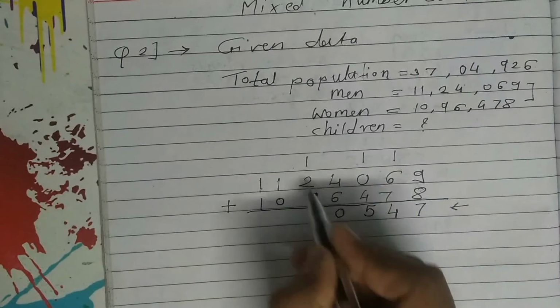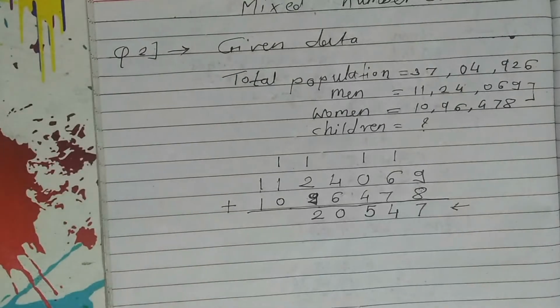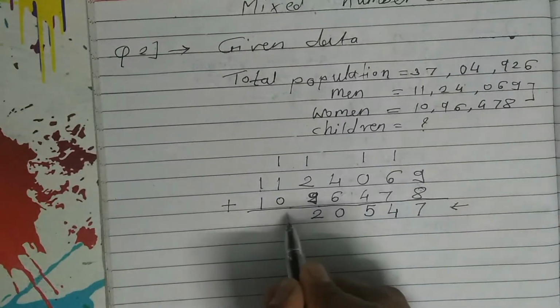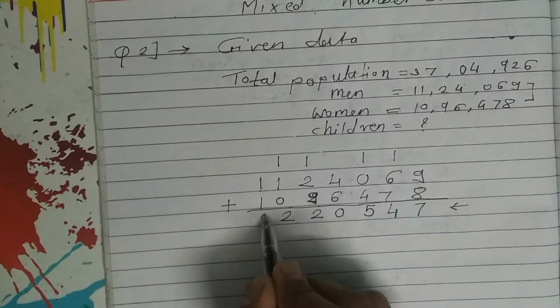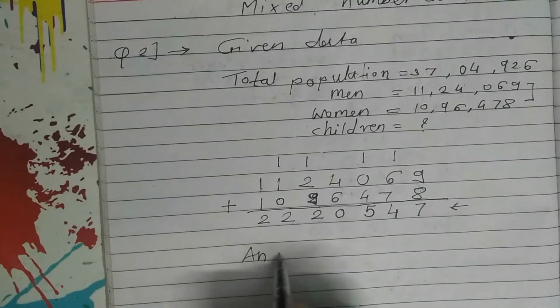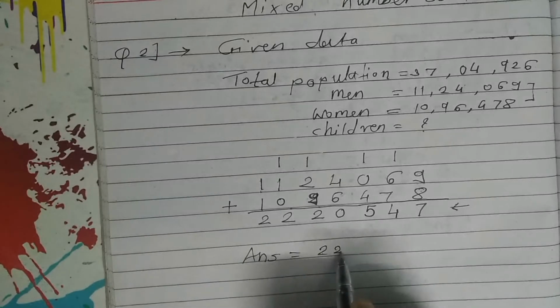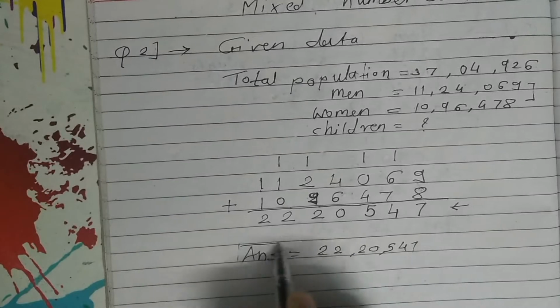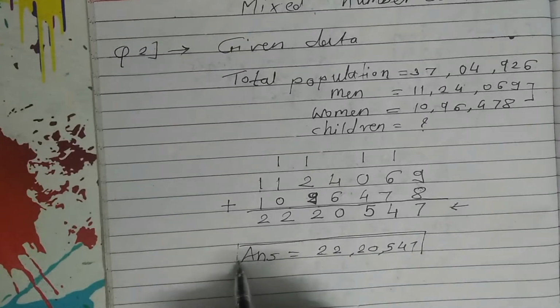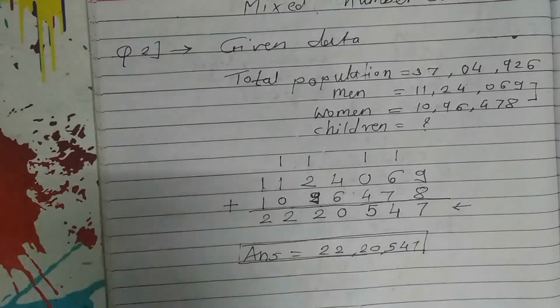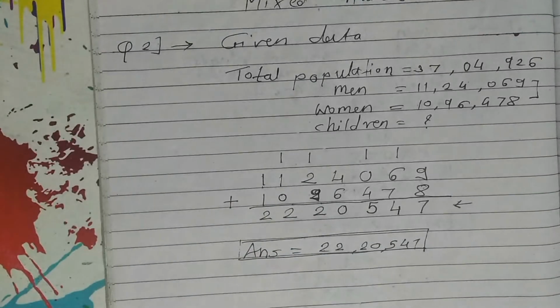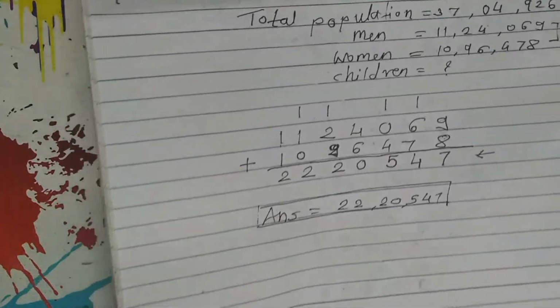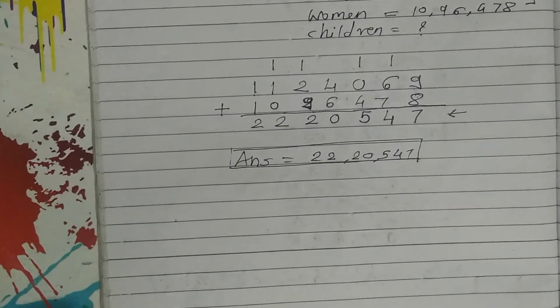So 2 will be here, 1 will be carry. 1 plus 1 is 2 and 1 plus 1 is 2. Here is your answer, student. So this is the number of our first step, men and women total: 22,20,547.